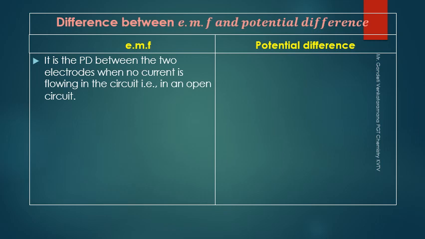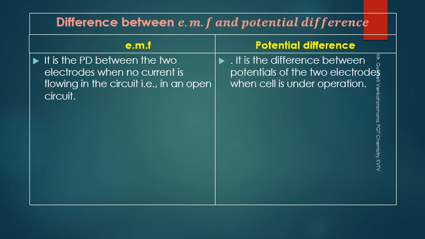So when we measure the potential difference of the cell in an open circuit, we call it EMF. Potential difference is the difference between potentials of the two electrodes when the cell is under operation, that is, it is not an open circuit, it is closed. EMF is the maximum voltage obtainable from the cell.